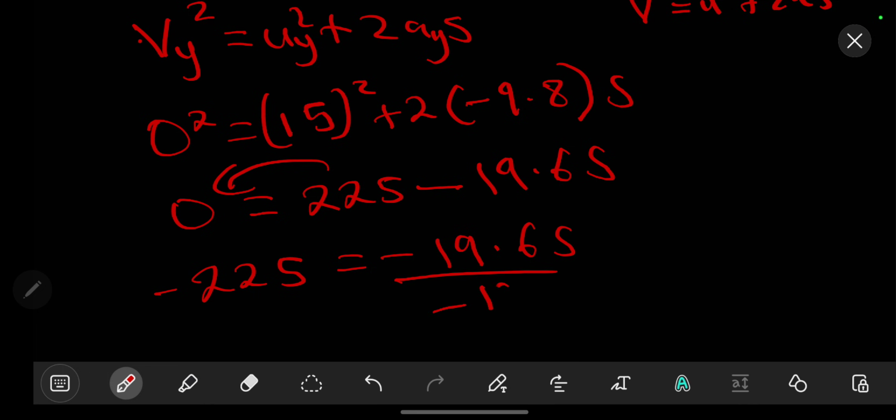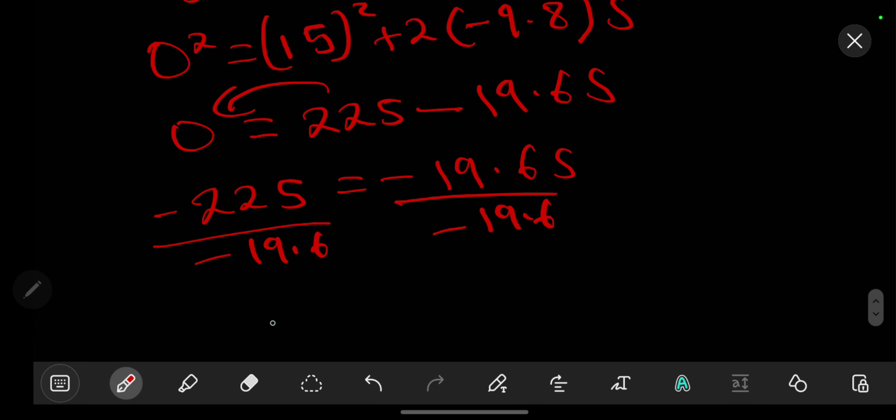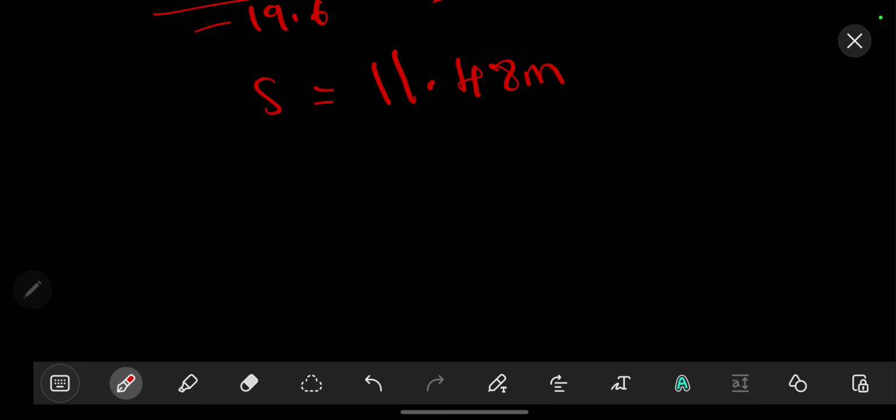We divide by negative 19.6, so our s value should be 225 divided by 19.6, which gives a value equivalent to 11.48 meters.